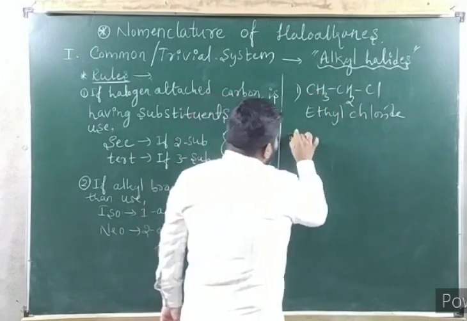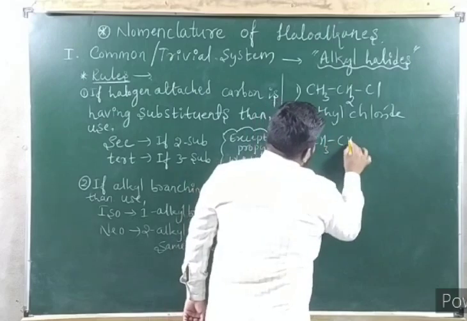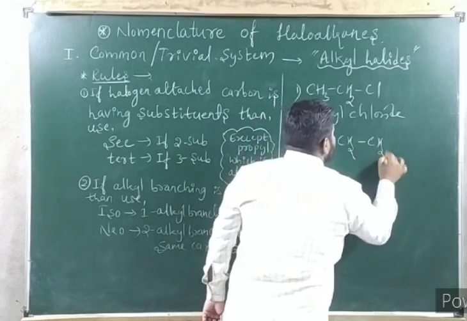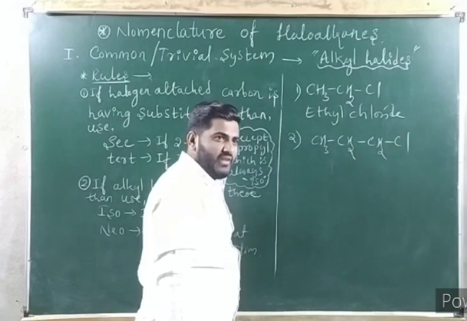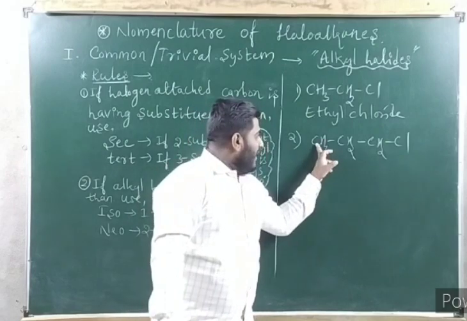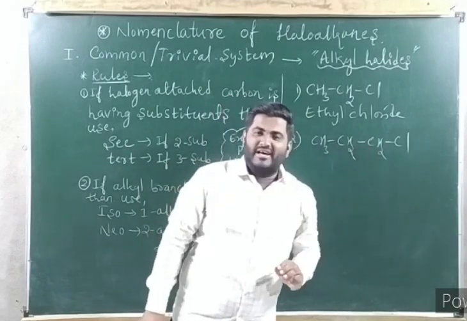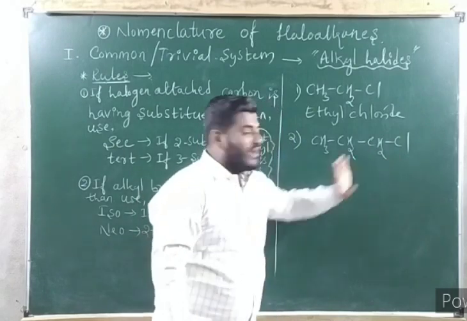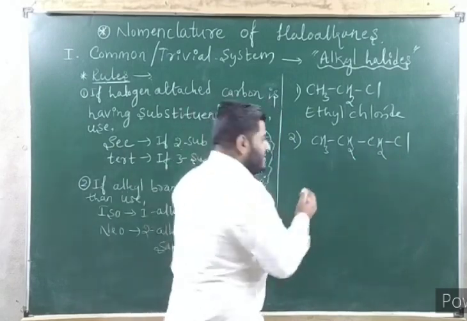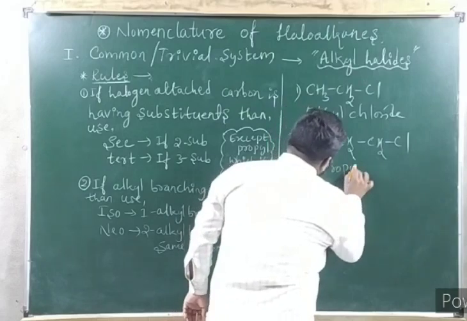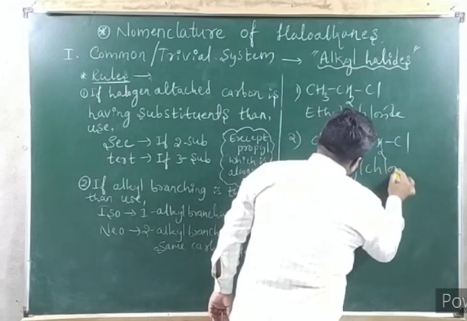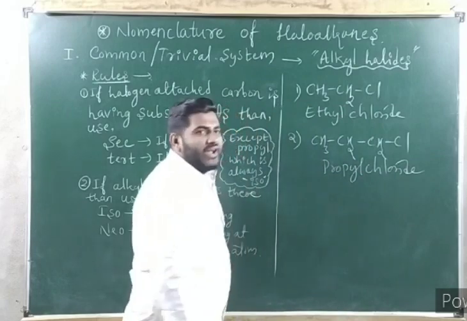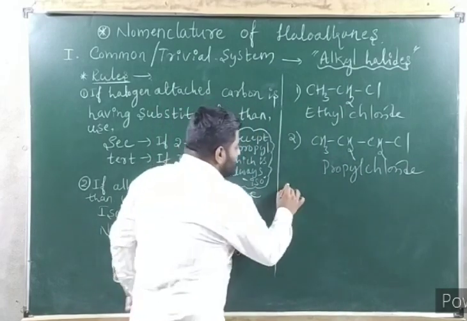Second example: CH3CH2CH2Cl. Then what is the name? 1, 2, 3, three carbon atoms are there, so it is called propyl chloride. If you want Br, you can take bromide. Propyl chloride.